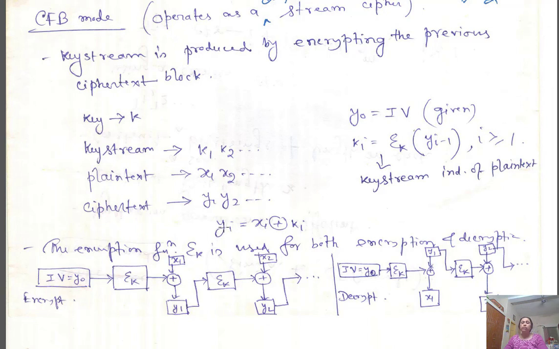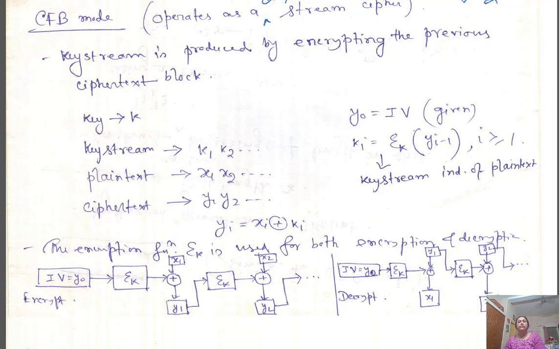So Y1 you XOR with K1, which you generate by encrypting the IV, and you get X1. Then this Y1 you again encrypt, you get K2, and you XOR with Y2, you get X2. Then Y2 you again encrypt to get K3, XOR it with Y3, you get X3, like that.